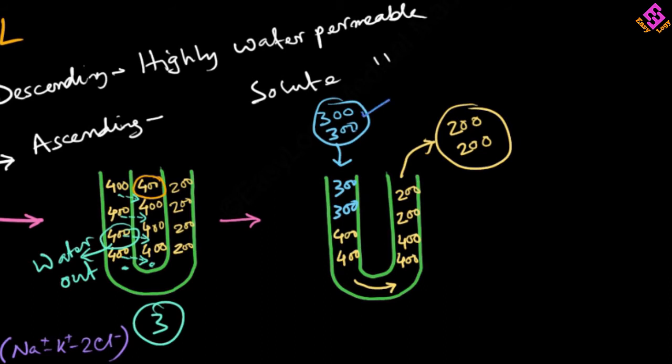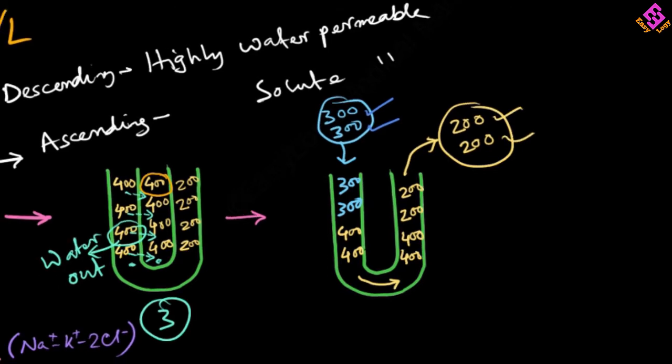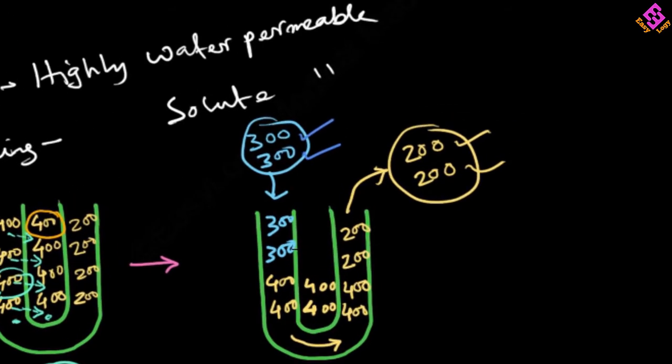So these two will enter, these two will be pushed out. Let's write the osmolarity like this here: 400, next 400, but in upper portion write as 300 and 300.